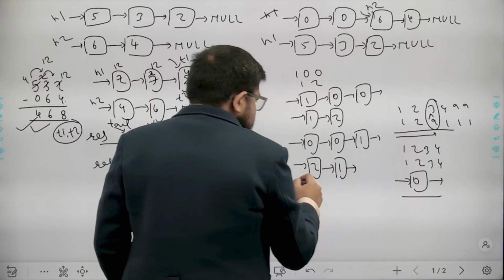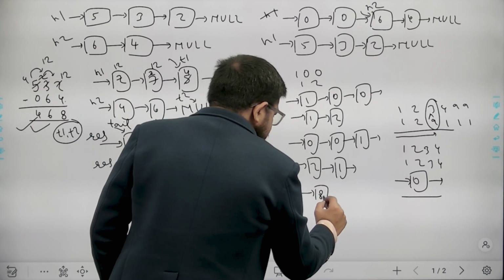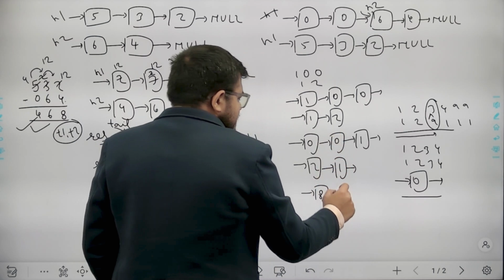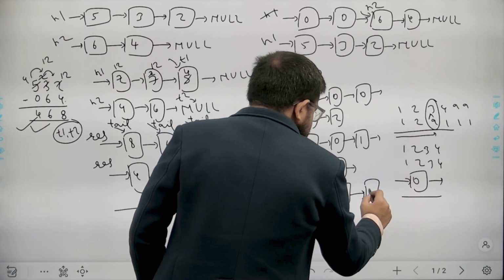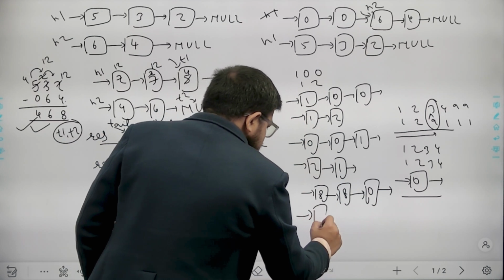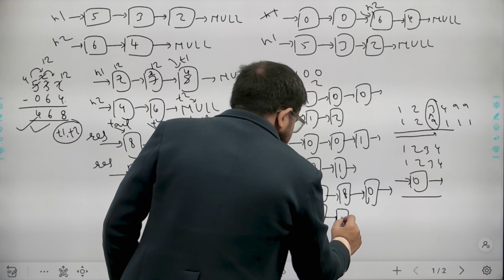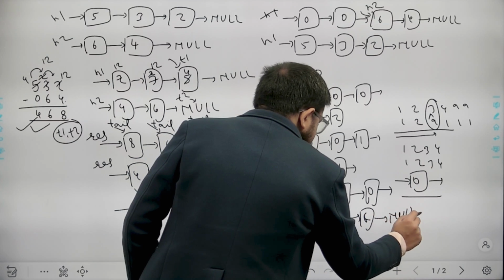Now you subtract them. So this will become 10 minus 2 is 8. This will become 9 minus 1, 8. And this will become 0 minus 0, 0. Now this is your resultant linked list. You reverse it finally. So it became 0, 8 and 8, right?